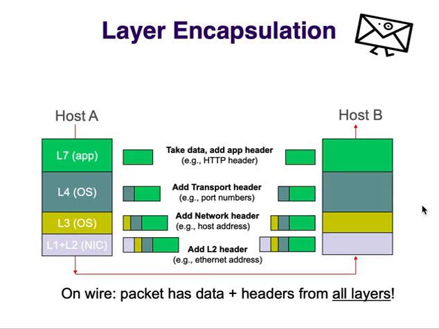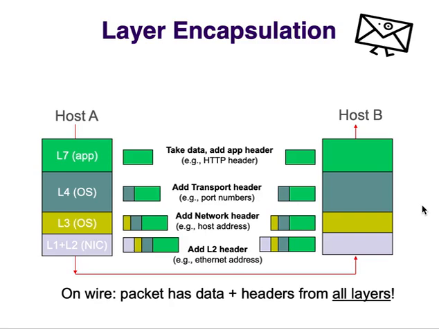So that header is what allows these peer implementations to talk to each other. And if you look at each of these layers, it's only looking at the header that's relevant to itself. So the data link layer never looks at the HTTP header, for example. The IP layer is not looking at the HTTP header. It's only looking at the information in that IP header.